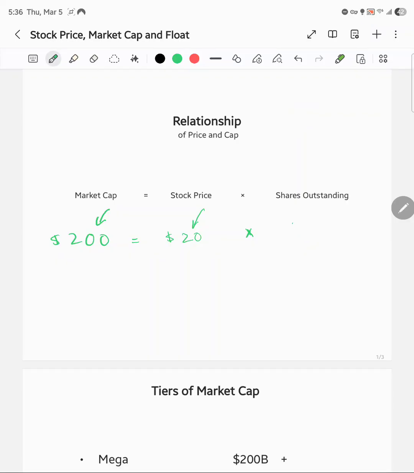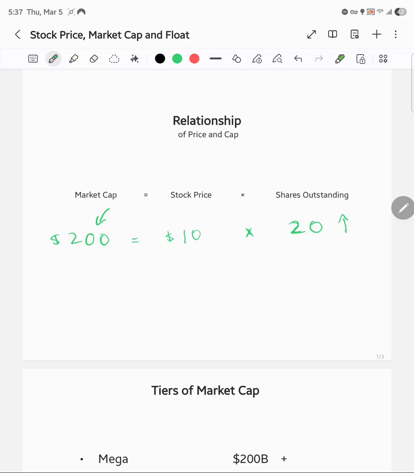So they decide to issue 10 more, which equates to 20 shares. If the number of shares increases, of course that will affect the price. That means the price of the stock is going to drop to $10.